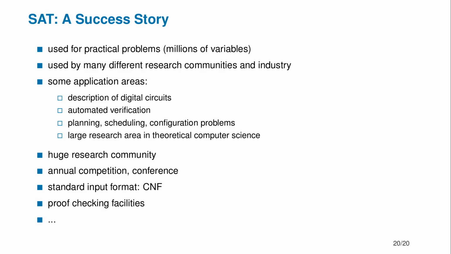Standard input format of most solvers is CNF, conjunctive normal form, and there's also a rich infrastructure for related tasks. For example, if a formula is unsatisfiable, we want to know if the result is indeed correct, and we cannot check every possible assignment if it's indeed not a model.